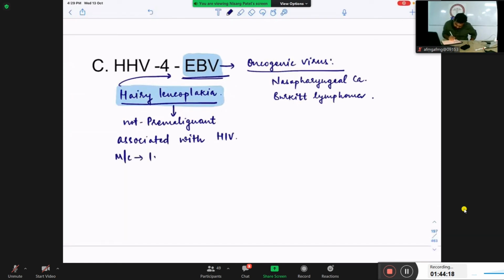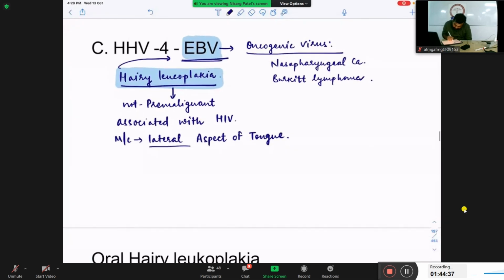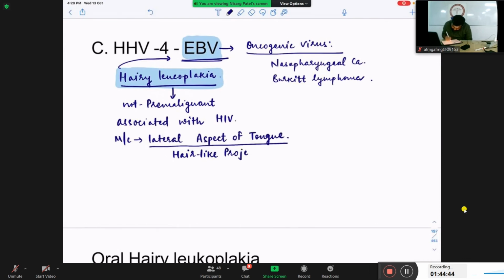Most commonly, you will see it on the lateral aspect of the tongue, with hair-like projections.